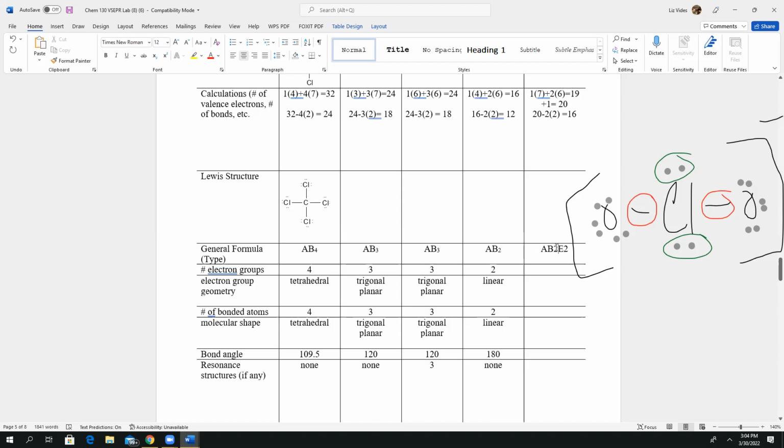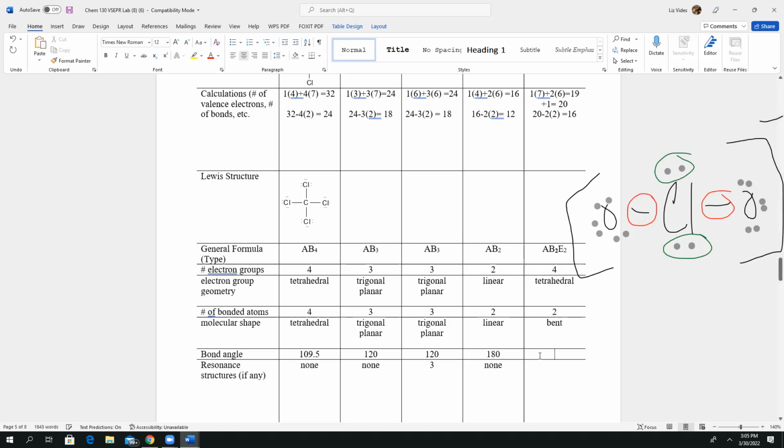So that is an AB2E2, which makes it bent. But we still have 4 electron groups, which means that the electron group geometry would be tetrahedral. So only 2 of those are bonds. Therefore, this is a bent molecule.